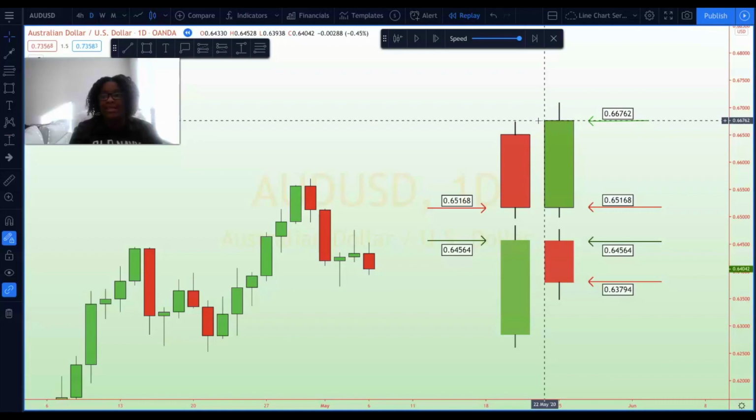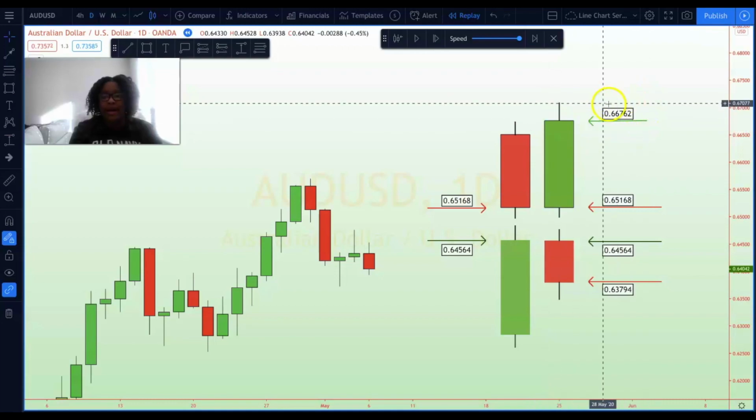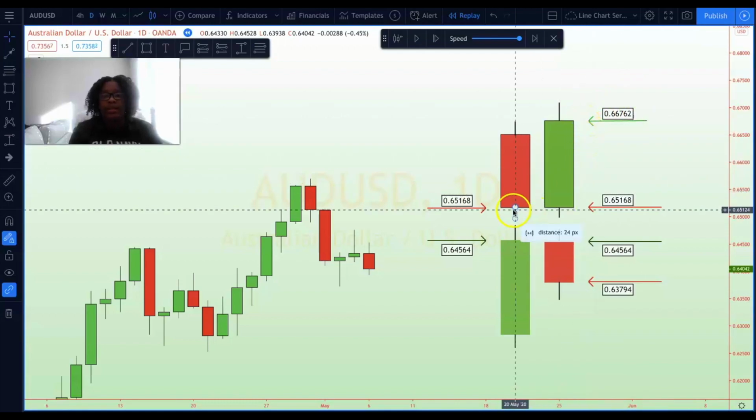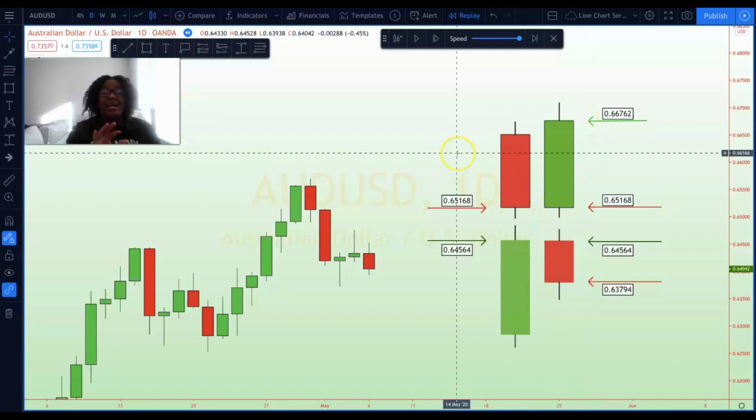It says 0.66762, and that's why I have this exchange rate here. That means that price closed at a higher exchange rate than the previous day. You guys, it's just that simple. This is how candles form. So basically, when it closes, it opens at the same rate and it'll close higher or lower for the day.